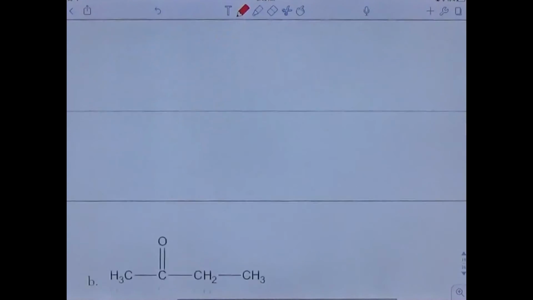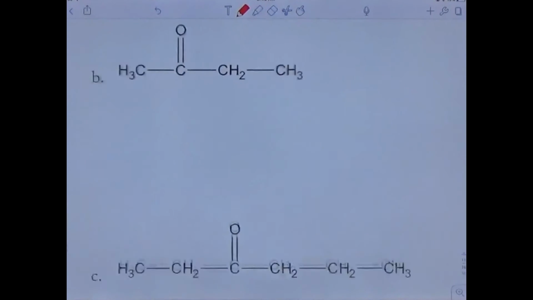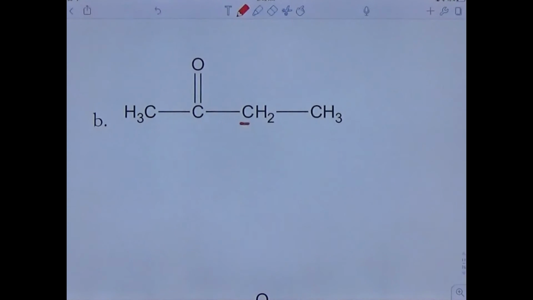I've got 3 more. We're only going to be able to get to the first one. But what do you do if you have 2 different alpha carbons? For right now, what I want you to do is draw 2 different products, and we can go over which one would predominate next time.